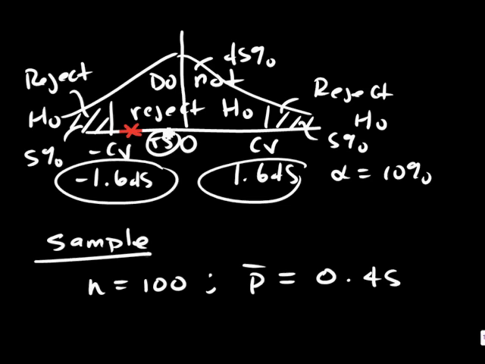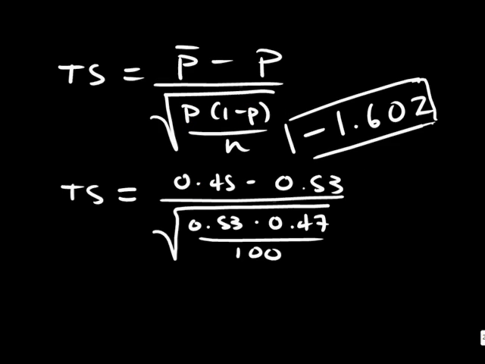Notice that it is in the do not reject region. The test statistic of negative 1.602 is not quite negative 1.645. It is in the do not reject the null hypothesis region. So our conclusion is do not reject the null.